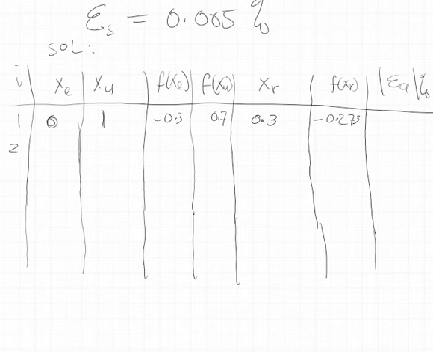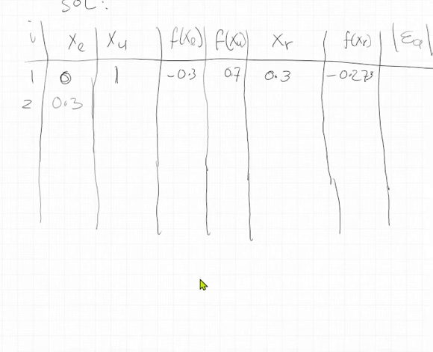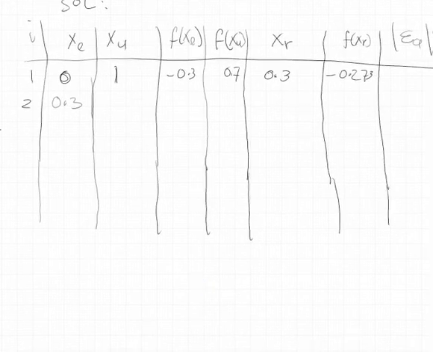Next iteration. So we multiply f of xr with f of xl. So it's positive. So it means we need to change that. Change it with 0.3. So xl here now will be 0.3. Then for our xu, we retain xu. So what will be our new f of xl? This will be equal to negative 0.273, and f of xu is still the same, 0.7.